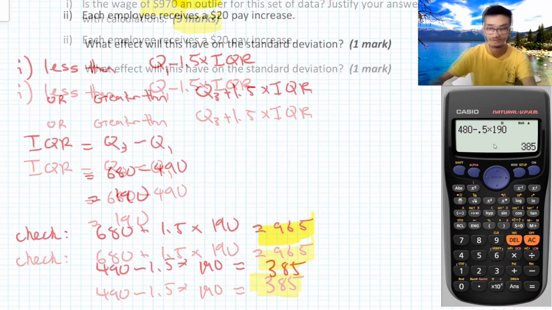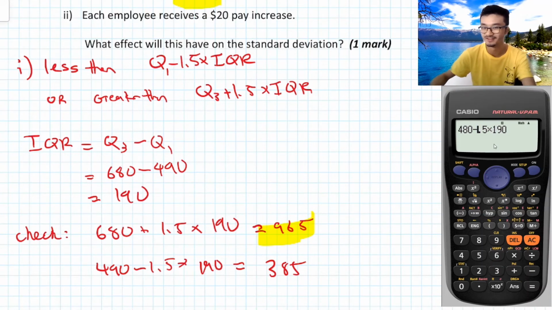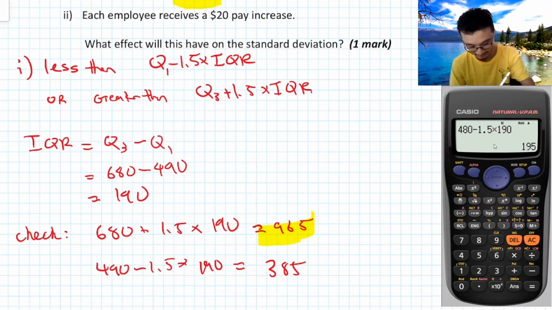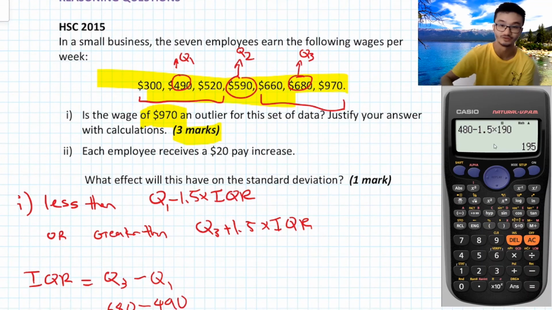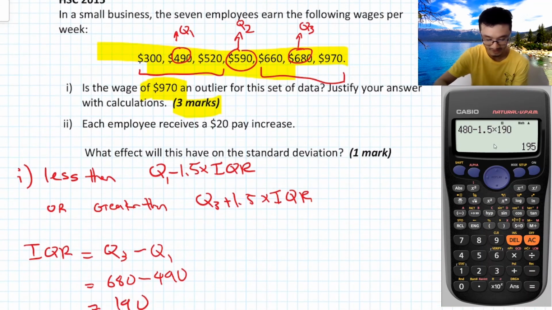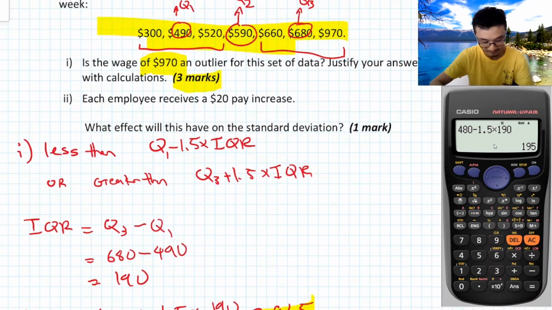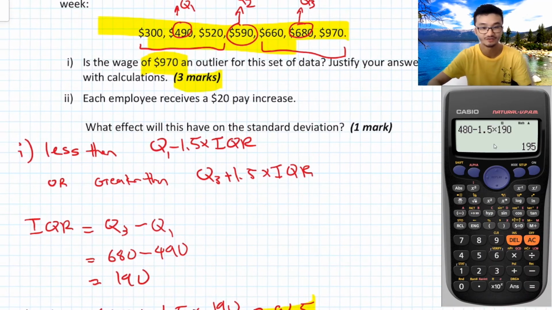I just realized I made a mistake here. That should be a 1.5 there, not 0.5, so 195 is what that's meant to be. Sorry about that. The question is only asking about 970 anyway, so I only need to check the greater than condition, and 970 is larger than 965.